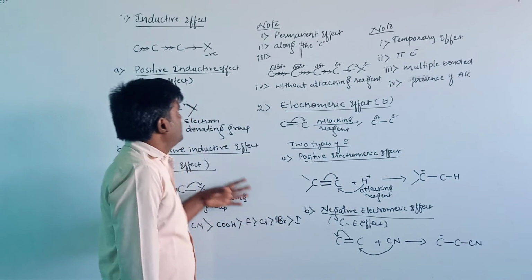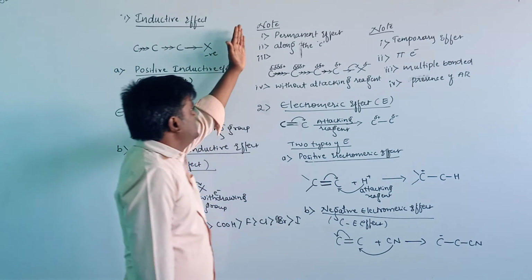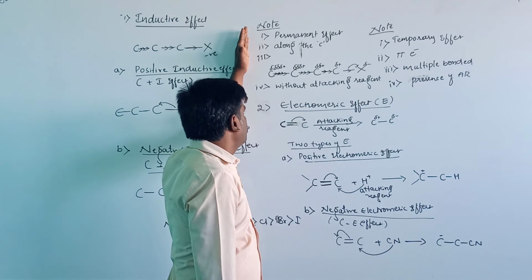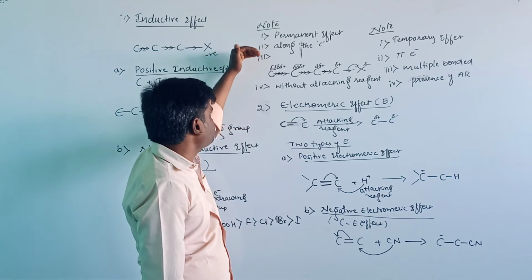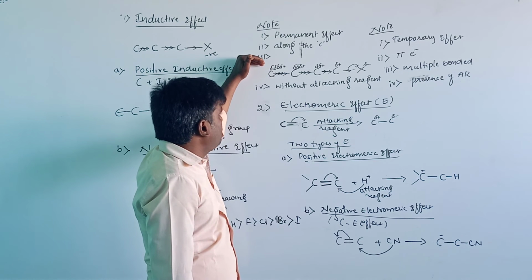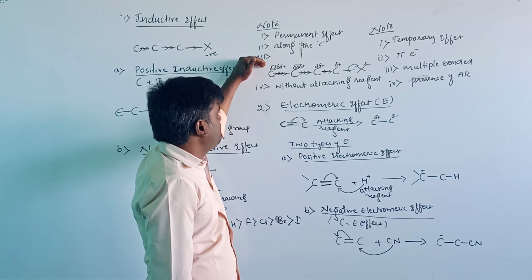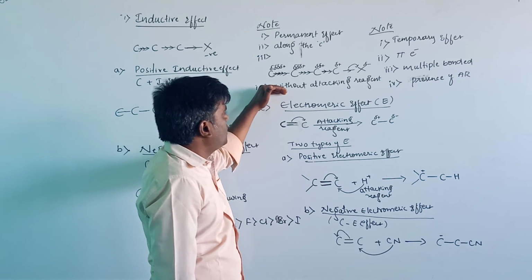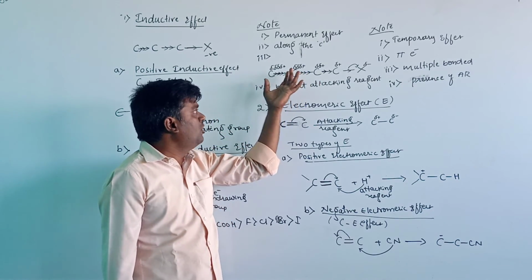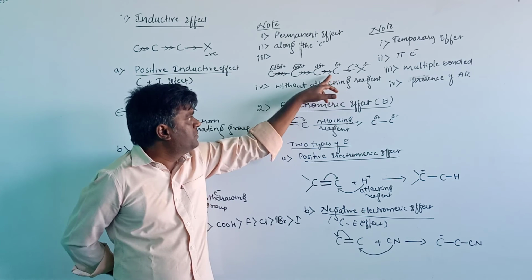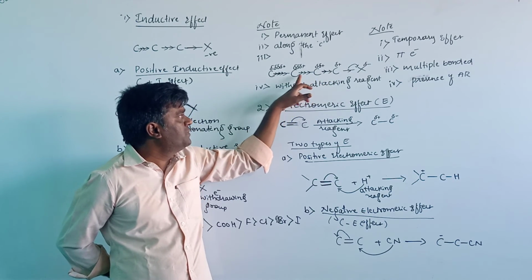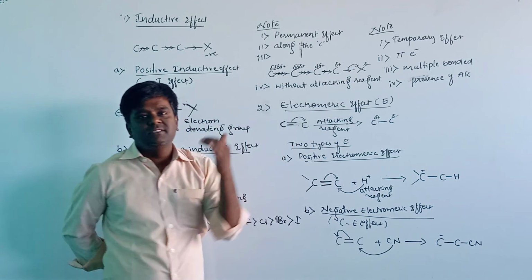Then the note: the inductive effect is a permanent effect and takes place along the carbon chain. Beyond the fourth group there is no effect, and it takes place without the attacking reagent. Increase in the distance from the substituent group decreases the I effect.